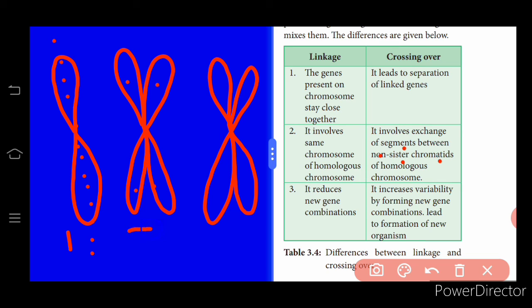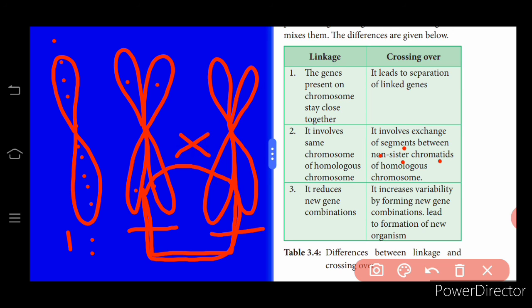These two are called sister chromatids. These two are called sister chromatids. These two are called non-sister chromatids. These two are called non-sister chromatids. Recombination occurs between non-sister chromatids because of crossing over.